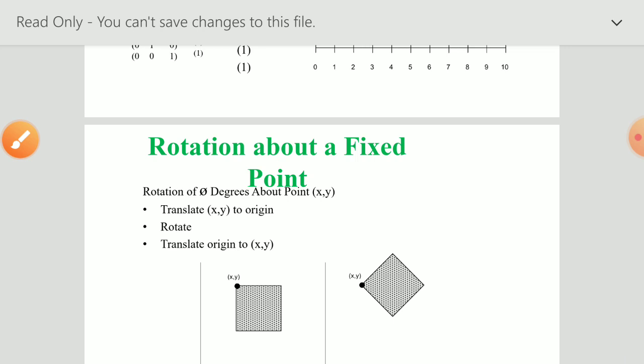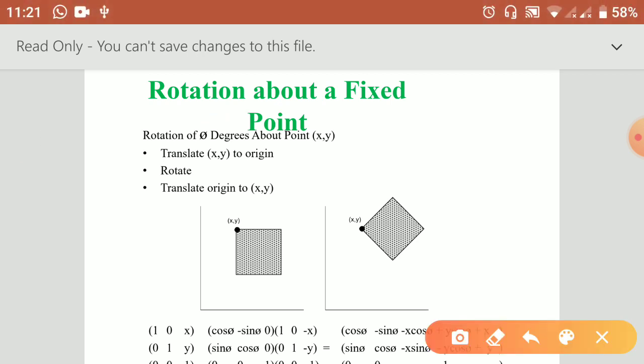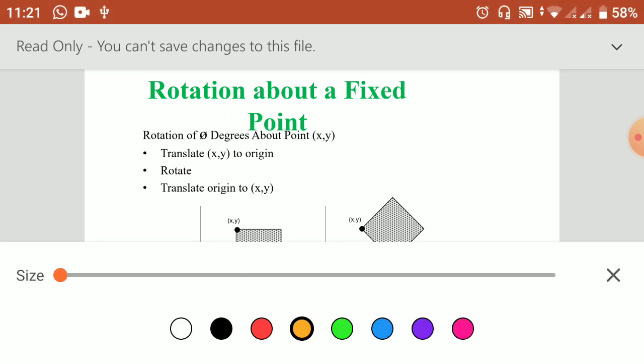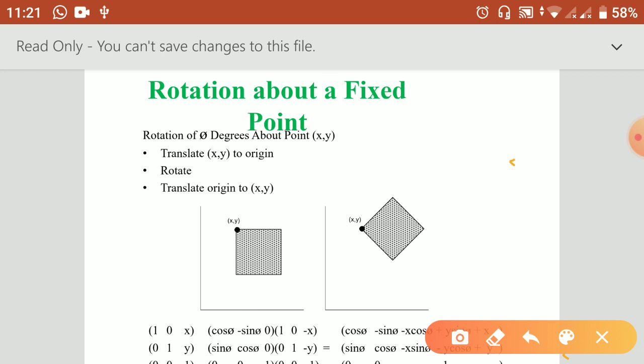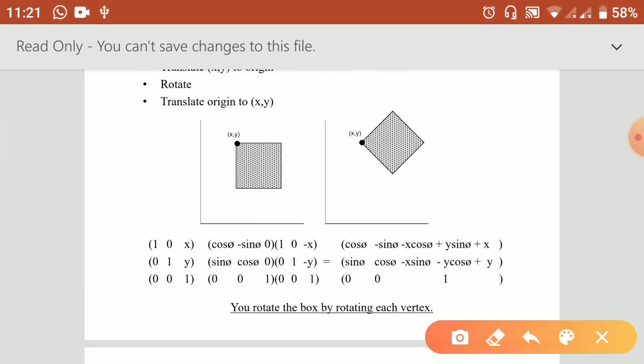Then rotation is also the same. If we want to rotate about a fixed point, because we can see that this object is not at the origin, we need to shift it to the origin, then rotate it, then shift it back to its original position. So in this rotation there will be three operations: translation, rotation, then inverse translation.